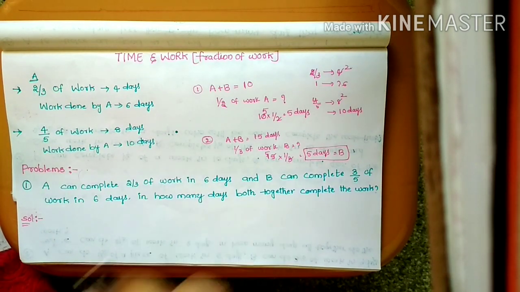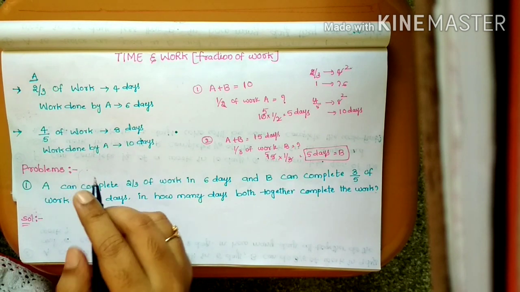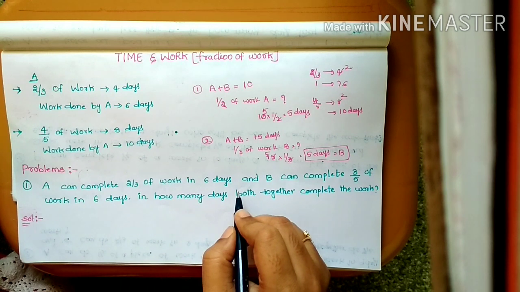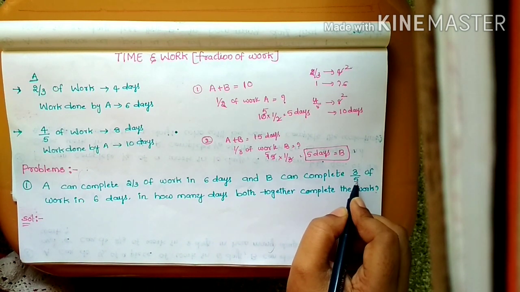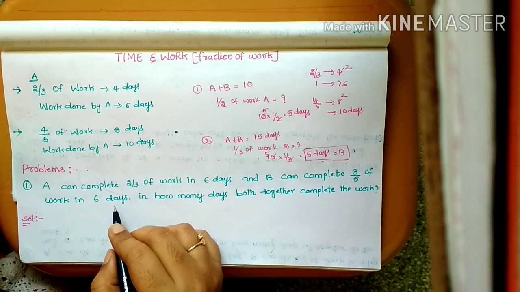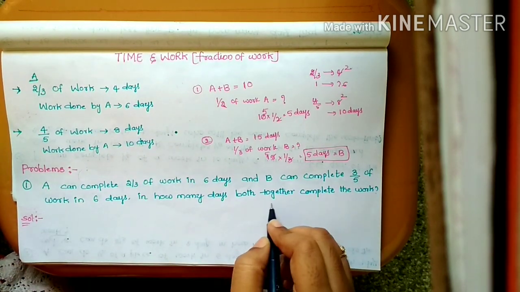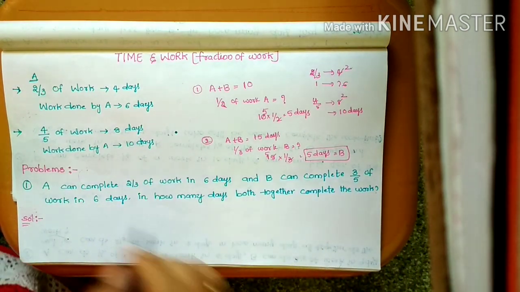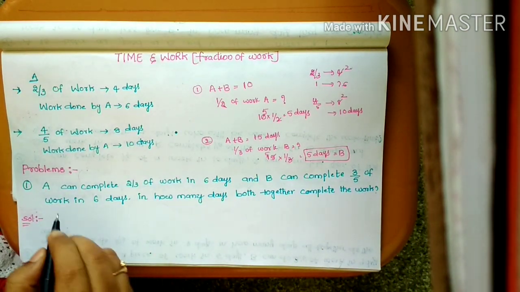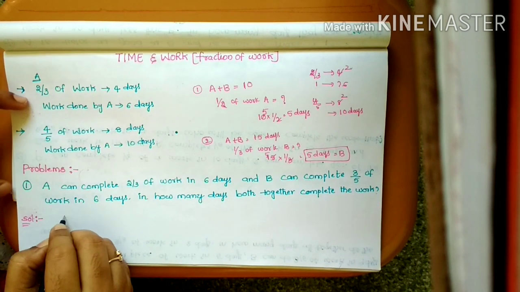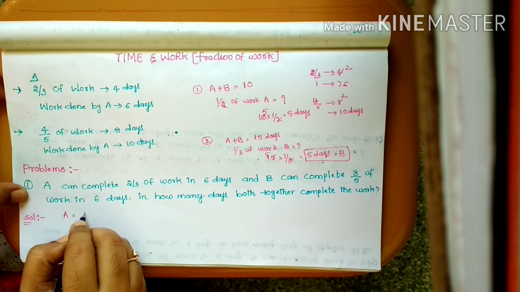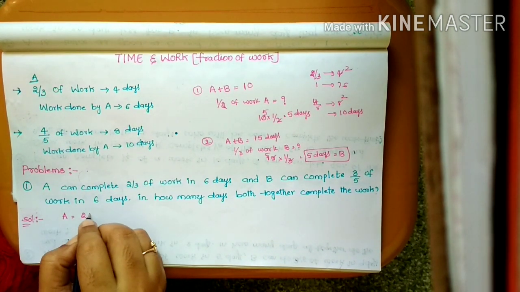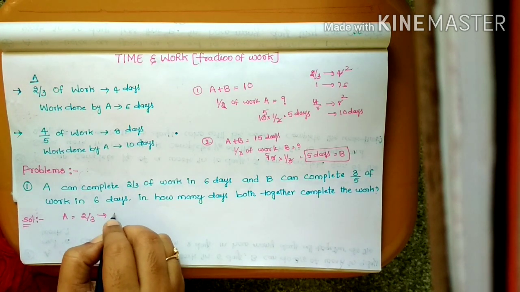Coming to the problems. A can complete 2/3 of work in 6 days. B can complete 3/5 of work in 6 days. In how many days do both together complete the work? First A. A is equal to 2/3 of work in 6 days.